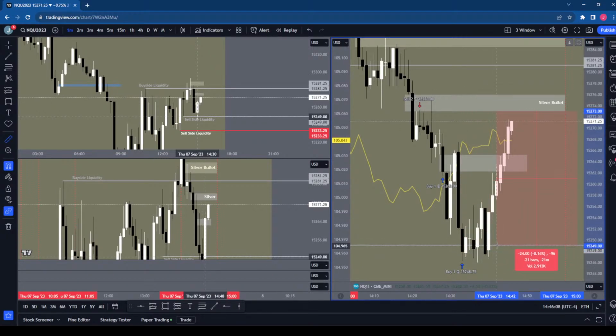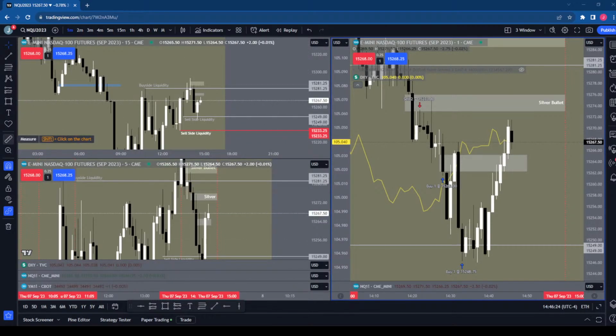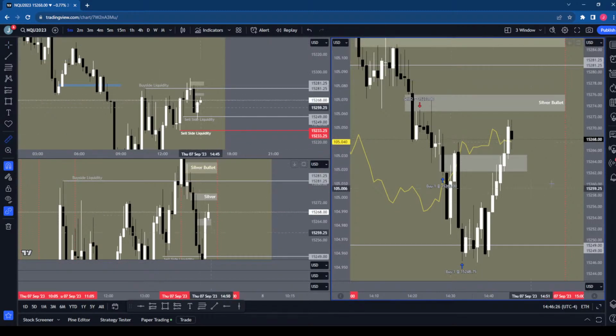Got 96 handles. Oh, I really should have just put it to 100. I wouldn't. I'm still pretty bearish until we close above this fair value gap right here.